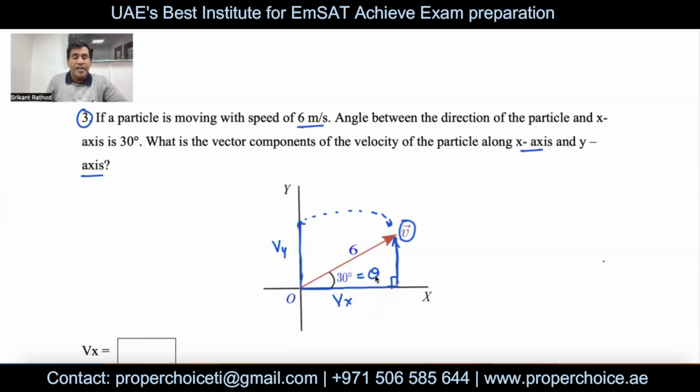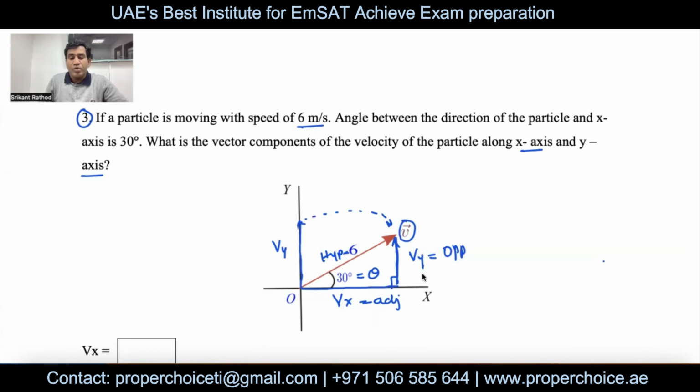According to the trigonometry, vy is the opposite and vx is the adjacent. If you have a clear idea about SOHCAHTOA, you can do that. The hypotenuse is what has been given to us.